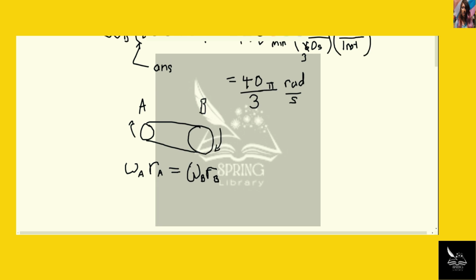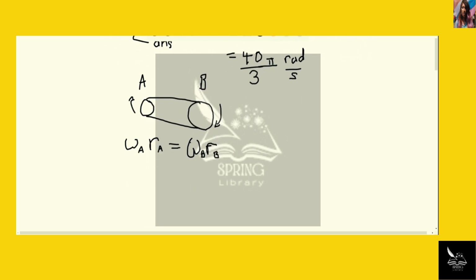So we know our final angular velocity of B. So let's find out what that is in terms of velocity A. So the angular velocity of B at all times equals the angular velocity of A times the radius of A. Actually, we're going to use the diameter divided by the radius of B at all times.